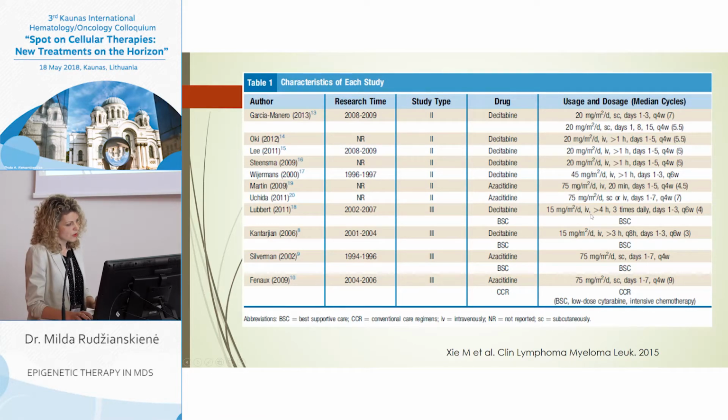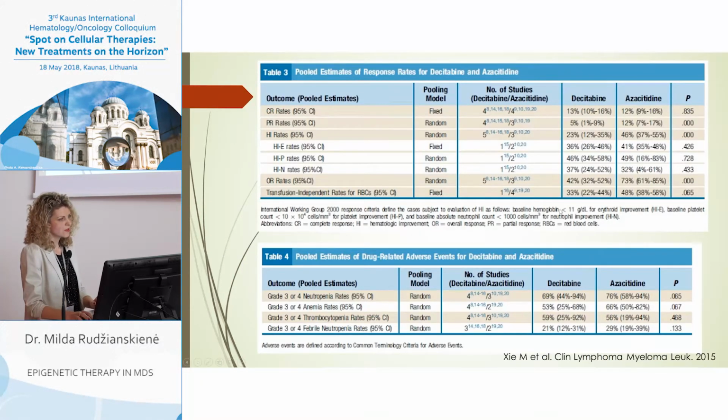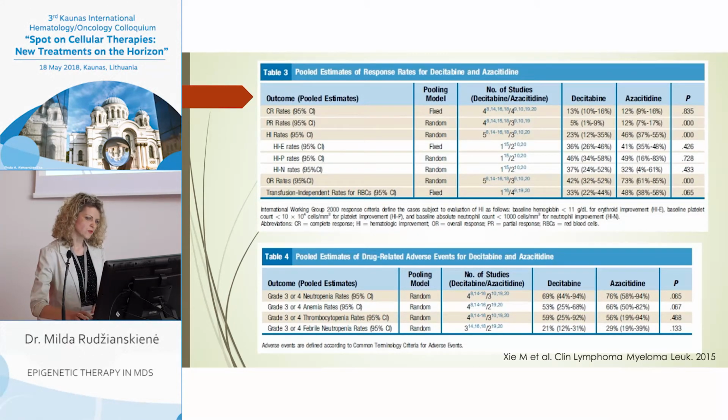The meta-analysis included the 4 randomized trials where hypomethylating agents were compared with conventional care regimens. You can see that there was no difference between azacitidine and decitabine in complete remission rates, transfusion-independence rates, or hematological toxicity. But azacitidine did better in partial response, hematological improvement, and overall response rates.